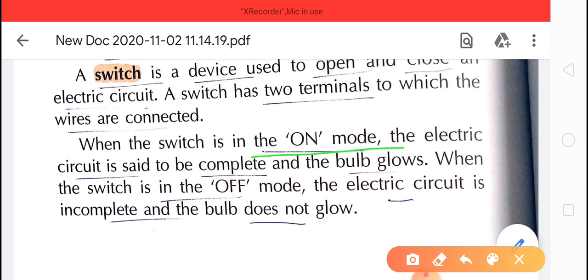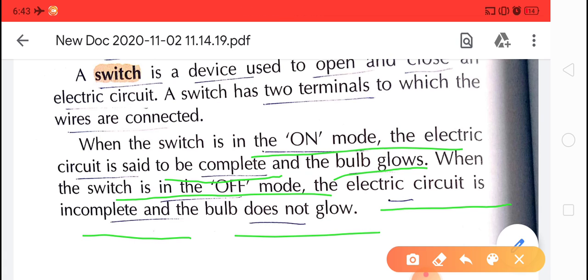When the switch is in on mode, the electric current is said to be complete and the bulb glows. While the switch is in the off position, the electric current is incomplete and the bulb does not glow. Children, if electric current runs in the electric circuit, this is known as a closed circuit, in which the bulb will glow, and we can also say that it is a complete circuit.